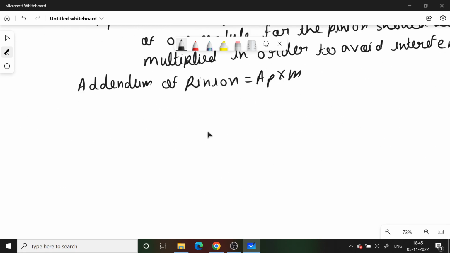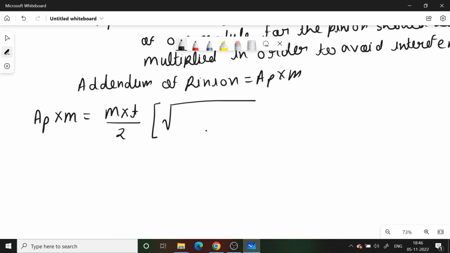Now equating both the equations, AP into M will be equal to module into number of teeth on pinion divided by 2 within bracket, under root 1 plus capital T upon small t, capital T upon small t plus 2, sin square phi, minus 1.